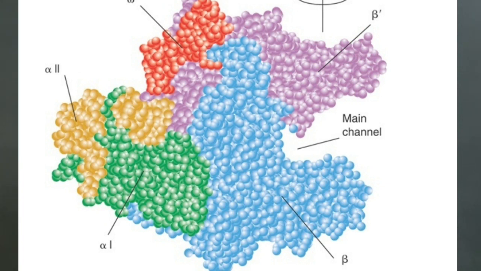Here the beta is marked in cyan color and the beta prime in pink color. Alpha 1 is shown in green, alpha 2 in yellow, and omega in red. Beta and beta prime form a crab claw-like structure.